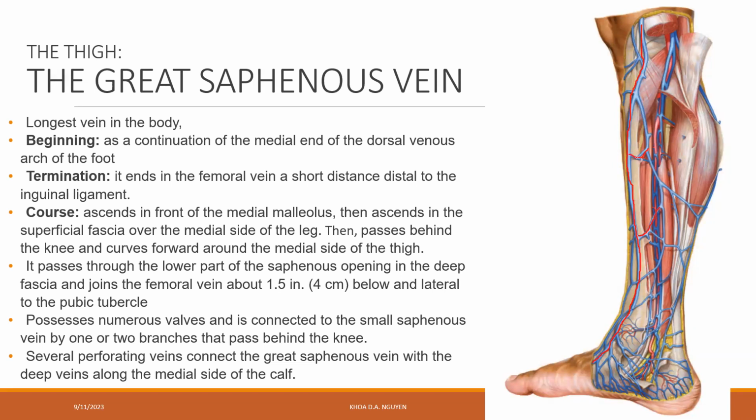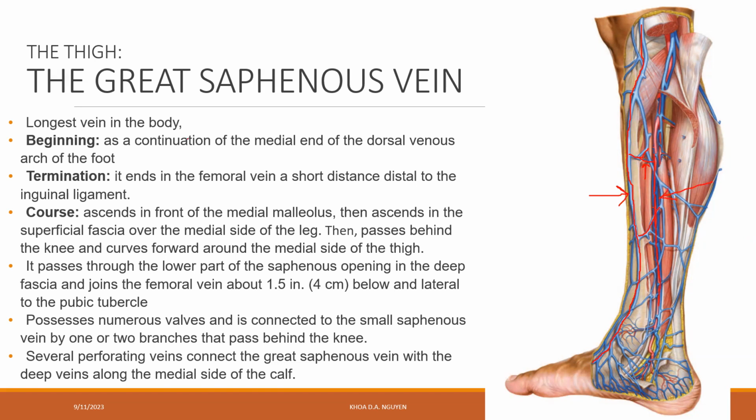Okay, and some of those branches will go deep, like this branch over here, and communicate with these deeper veins over here. And so what are those veins called again? Those are going to be communicating veins. This is going to be a superficial vein, and that is going to be a deep vein.